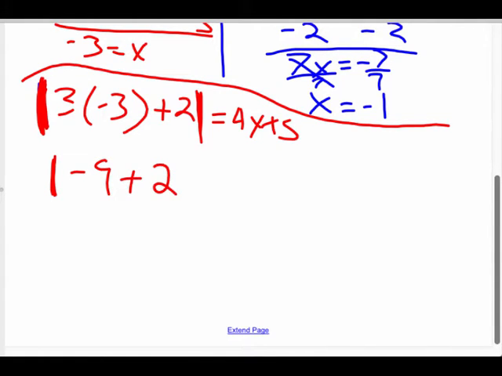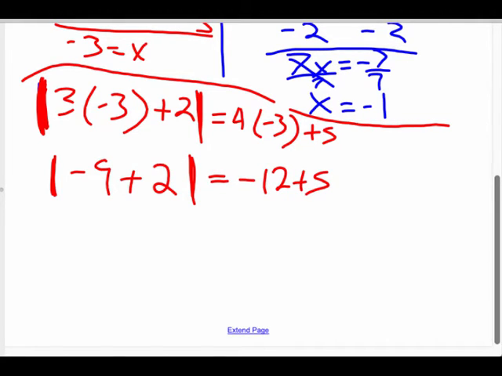Oh, you know what? I shouldn't put 4x plus 5. I should plug in my value for x, which was negative 3 plus 5, right? Duh. So now that should equal negative 12 plus 5. This becomes negative 7, and this becomes negative 7.